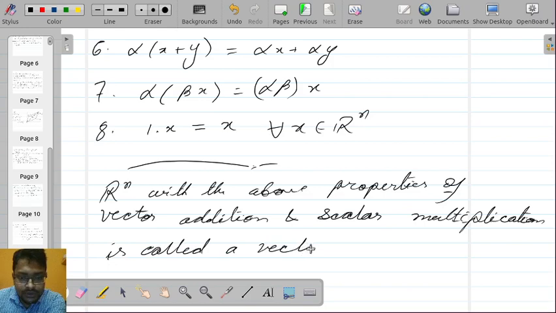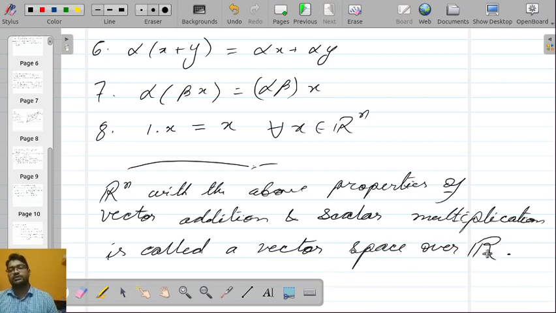Okay, it is called a vector space over R, because we are taking the scalars from the set of real numbers.